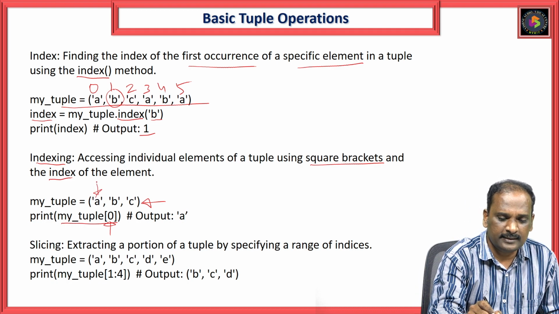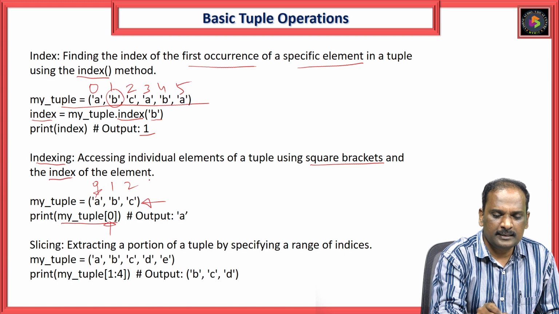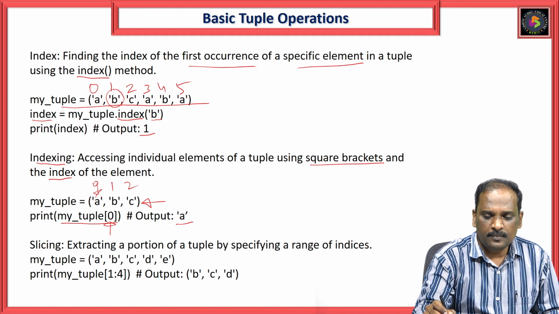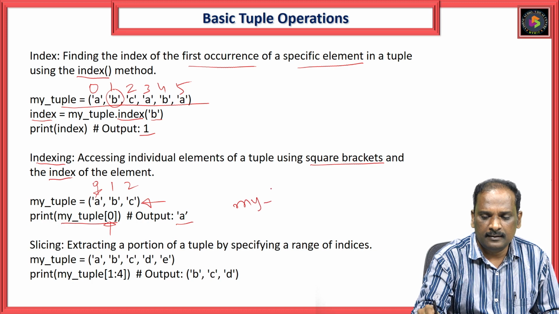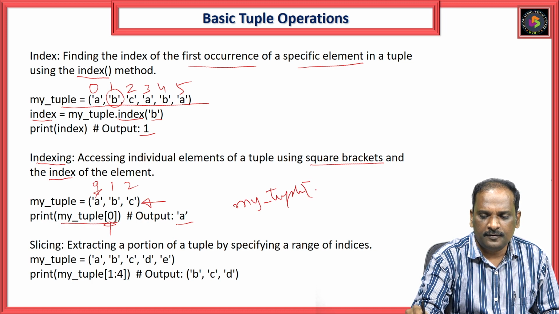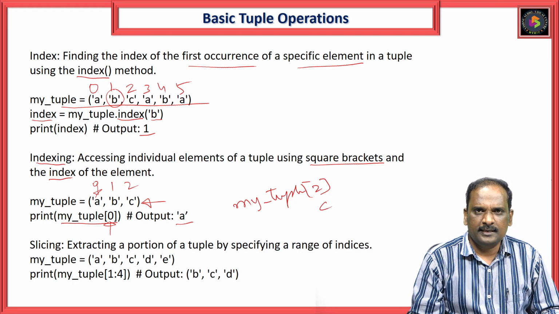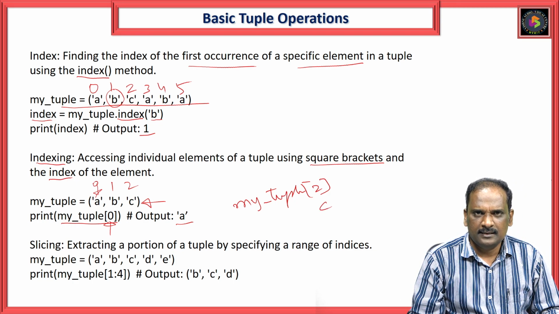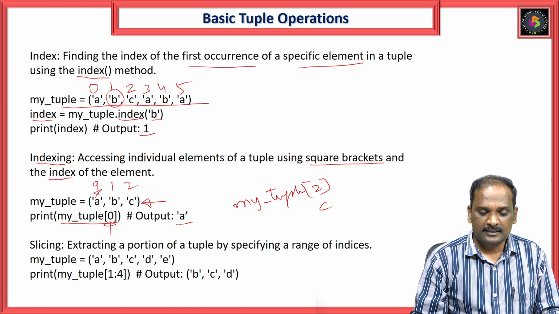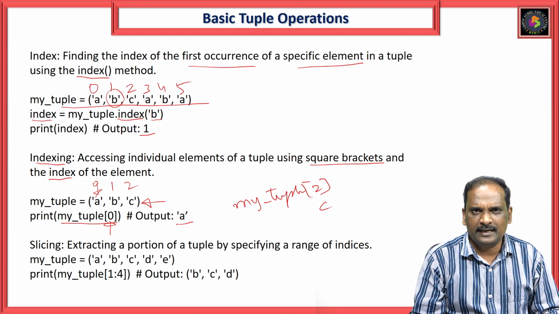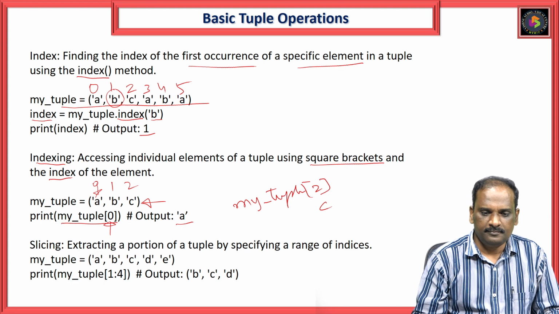The element at the 0th index is A. So when I print my tuple of 0, I will get the output as A. If I had used my tuple of 2, what is the element at index 2? It is the string C, so I will get the output as C. This is called indexing. Indexing means accessing the element at the given index by using the square brackets.